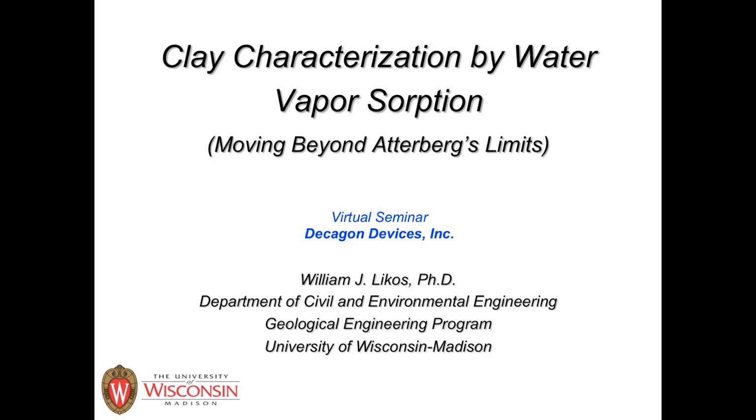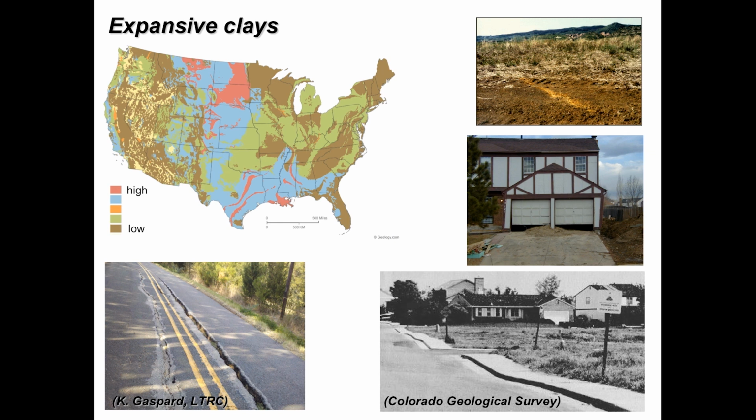One of the primary applications for why one might want to classify soil, in particular clays, has to do with expansive clays. And so I wanted to spend just a little bit of time looking at these images here. This map in the upper left here is a map of essentially plasticity, and so the color bar here, these red areas indicate areas of high plasticity clays, whereas the brown areas indicate less occurrence of high plasticity clays.